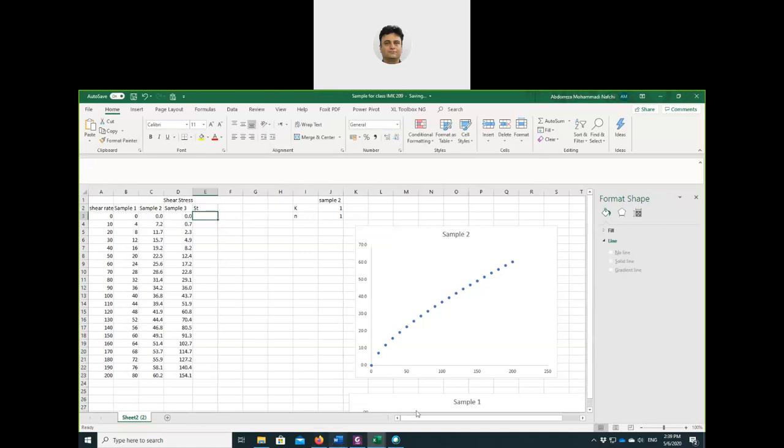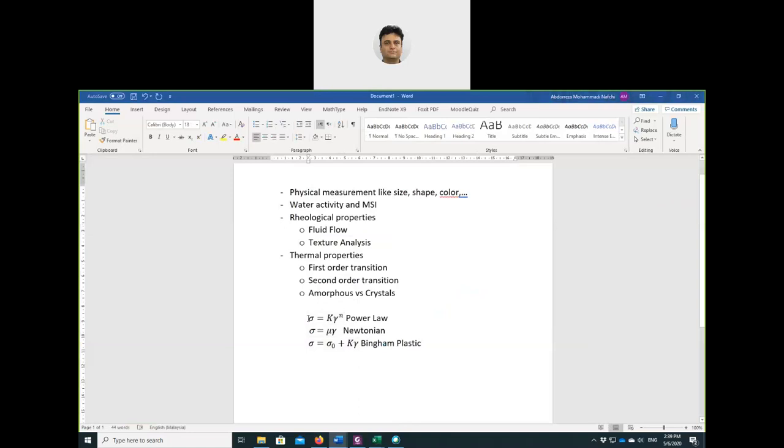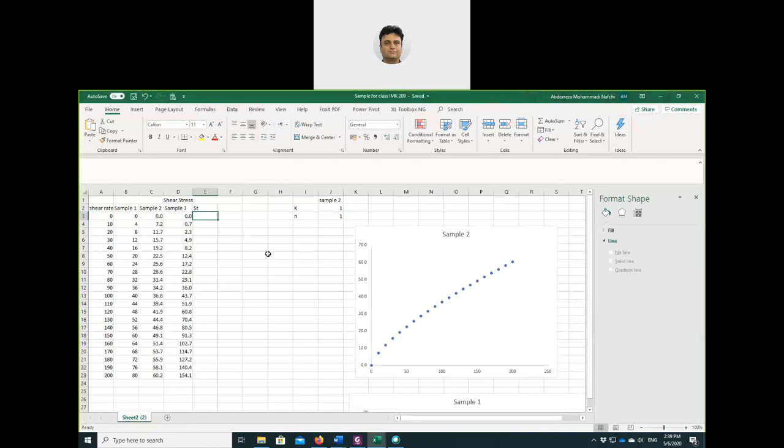You can see sigma, shear stress, is equal to K shear rate power N. So I am calculating based on this.